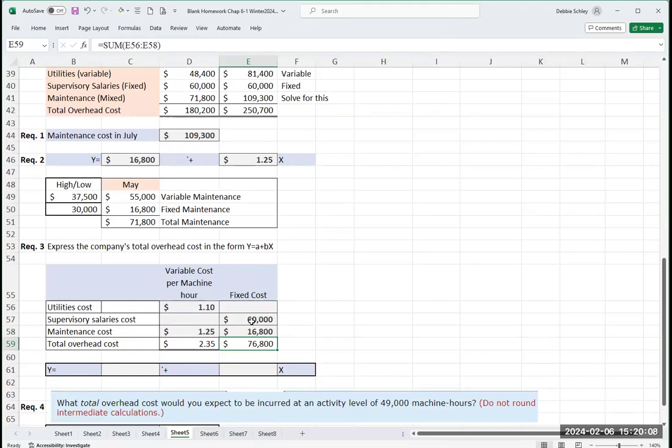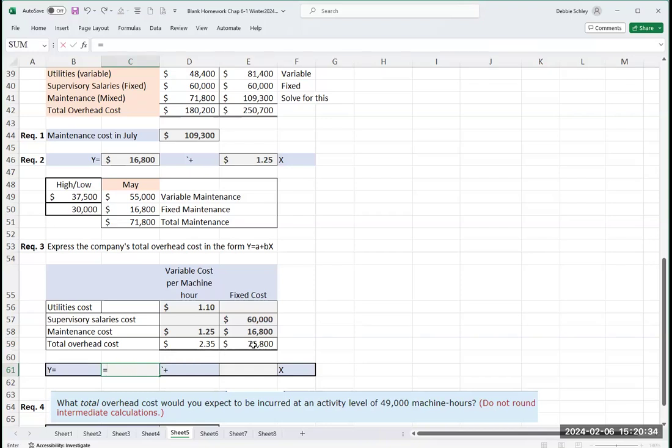Supervisory salaries is only fixed, so there's nothing under variable. Utilities cost is only variable, so there's nothing under fixed. Maintenance cost is both: there's a variable portion and a fixed portion, which we figured out in required two. And then the other part of this is simply putting those numbers into the formula.